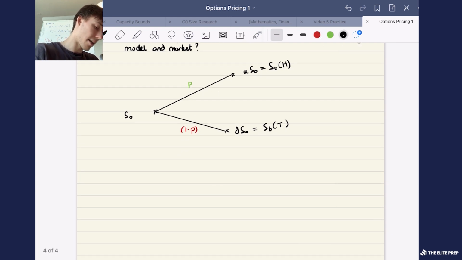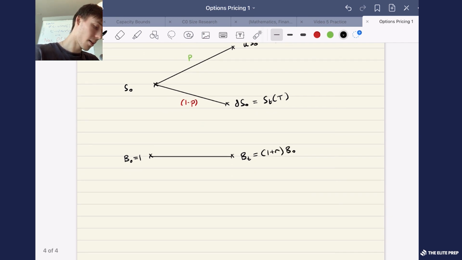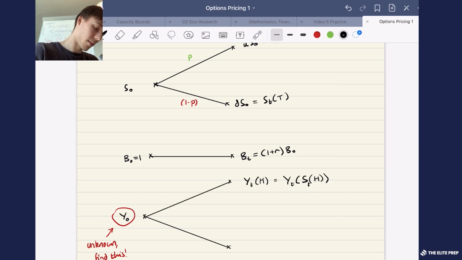We again have the bank account, B0 equals 1, BT equals 1 plus R, B0. And finally, we have some Y0, which is unknown. And Y0 has the following payoffs.